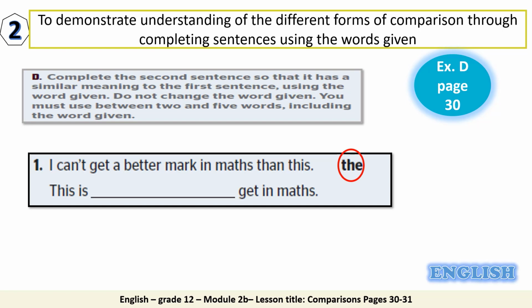Who can give it a try? Well done! This is the best mark I can get in maths. Notice that we have followed the instructions and we have used no more than 5 words.